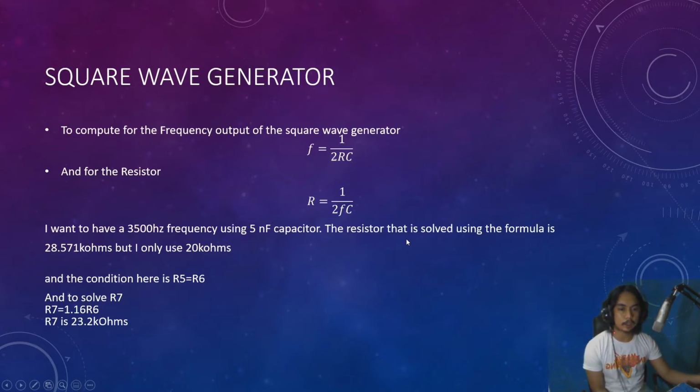The resistor that is solved using the formula is 28.571 kilo ohms, but I only used 20 kilo ohms. The condition here is R5 equals R6, and to solve for R7, R7 equals 1.16 R6. So R7 equals 23.2 kilo ohms, but I used only 23 kilo ohms.